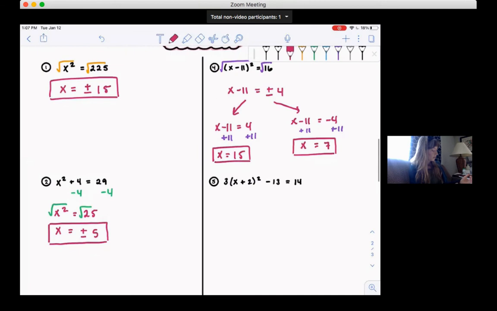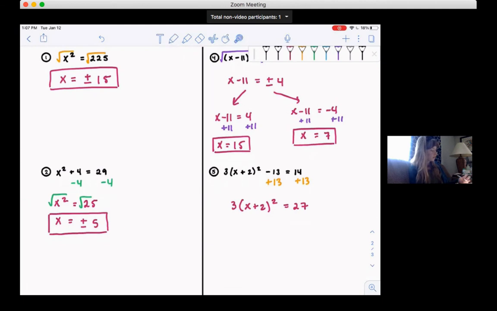All right, next one. Similar idea, but first we need to isolate x squared. So the first thing we need to get rid of is the minus 13. So we can cancel that by adding 13 to both sides. So then we're left with 3 times x plus 2 all squared equal to 14 plus 13, which is 27.